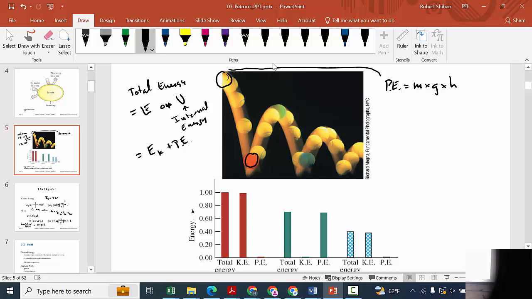And that would give us the gravitational potential energy. And then to calculate the kinetic energy down here, we would use the other equation, 1/2 mu squared, because this book uses u instead of v. Most books use v, 1/2 mv squared. And so we could get the combination there.